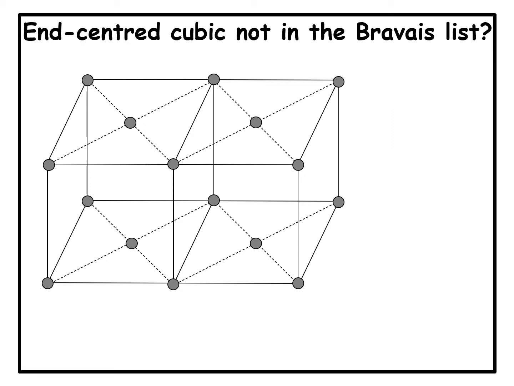And it's there right in front of our eyes. What is wrong with this? Why has this not been accepted as a Bravais lattice? Think about this. Pause the video here and try to get an answer. Try to think of your own answer before seeing the development further.